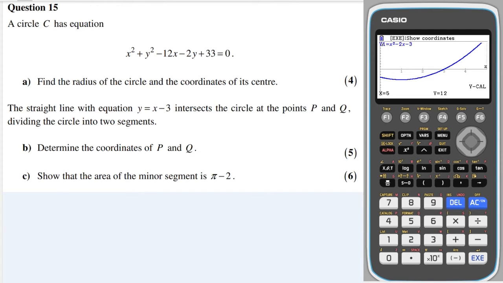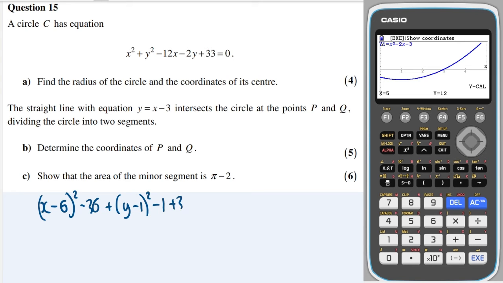Okay, we have a circle, find the radius and the centre, so that's really straightforward. Not going to bore you too much with this. Complete the square. That's going to give you minus 36 out of that one. And then complete the square again. Minus 1, that's going to give you minus 1 out of that one.